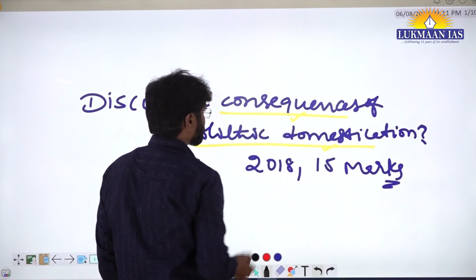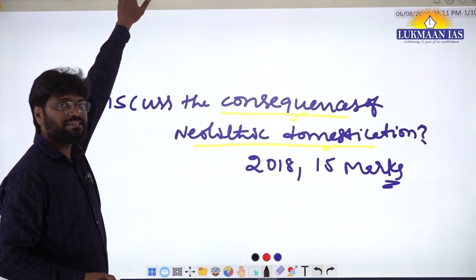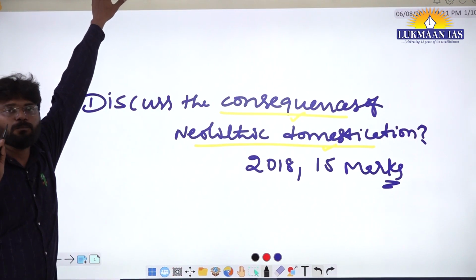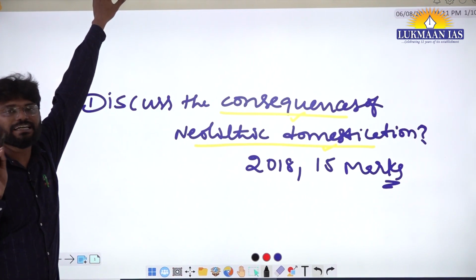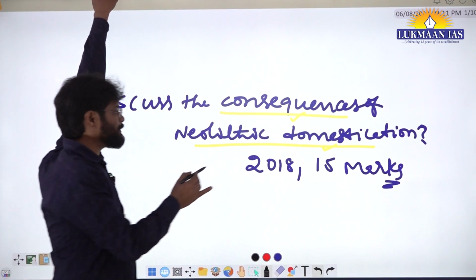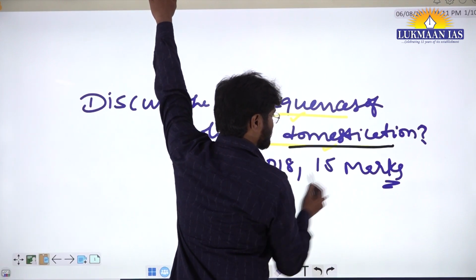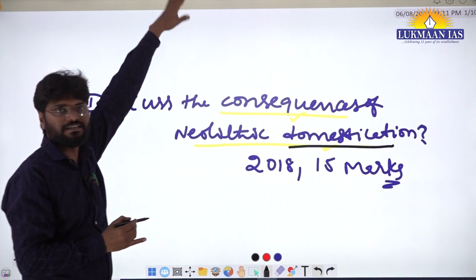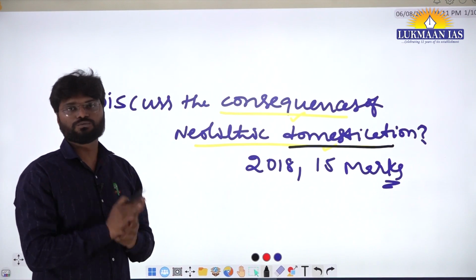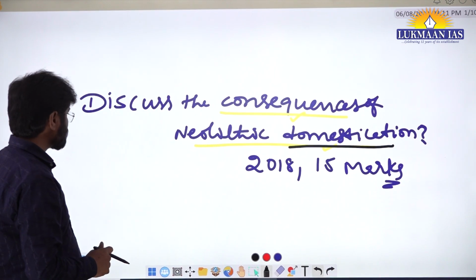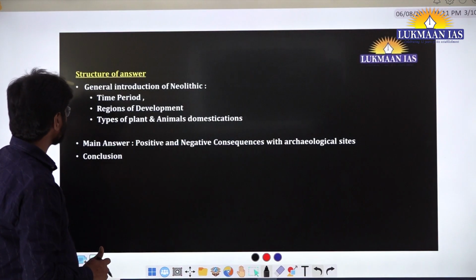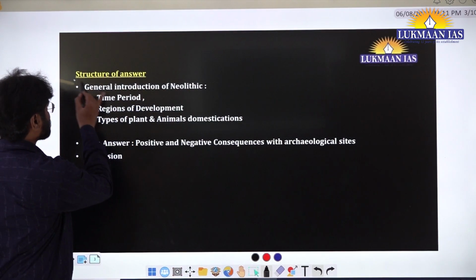Here, consequences means we have both negatives as well as positives with respect to the emergence of agriculture as well as domestication of animals. So we should cover both things. For this question, you should follow a general structure to get more marks.